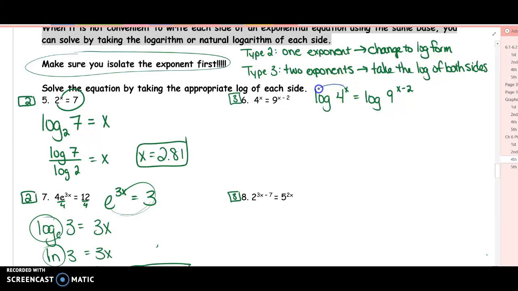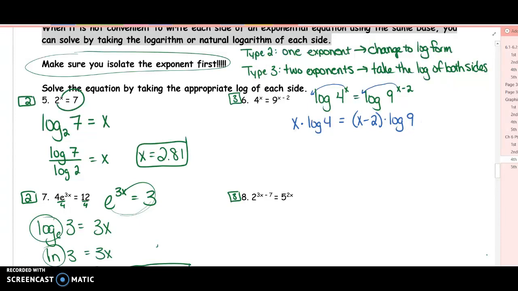They move to the front and become coefficients. So this is x times the log of 4 equals x minus 2 times the log of 9.